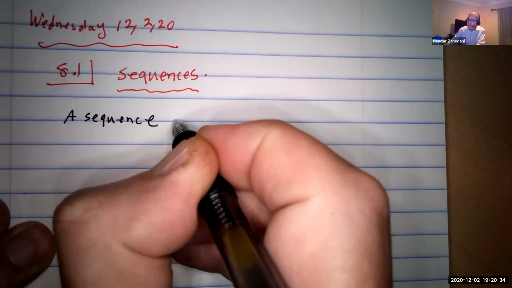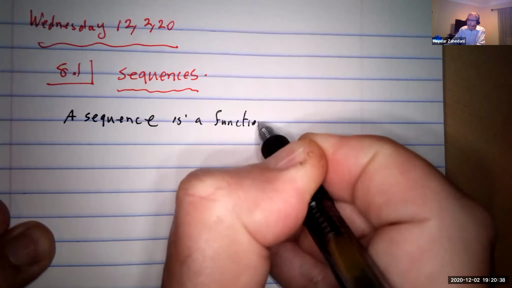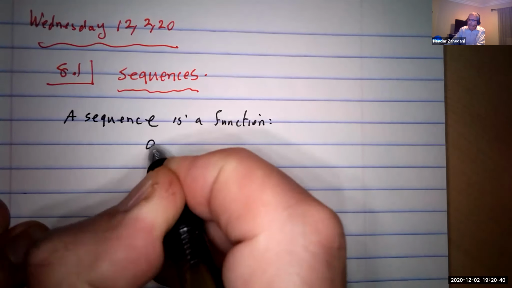Okay, so the definition: a sequence is just a function. It's a function we denote by a.